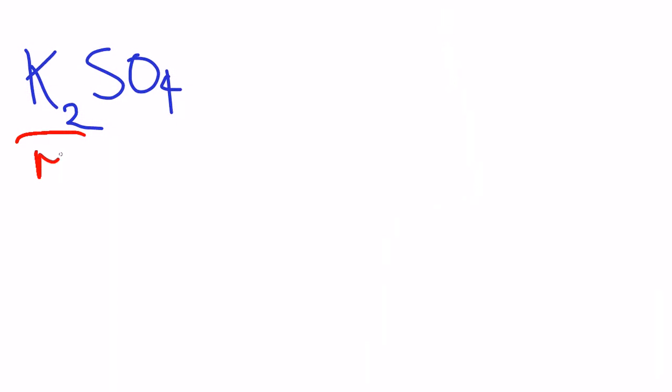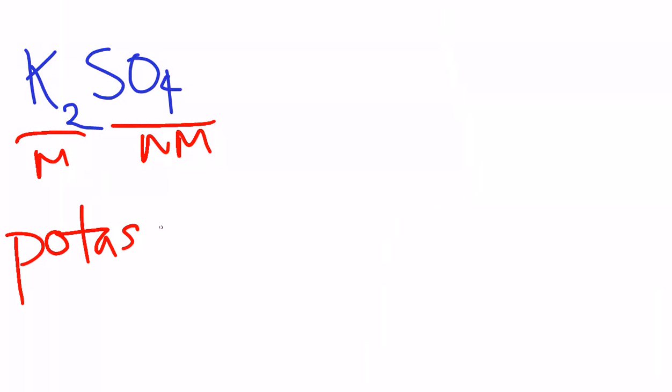Potassium is a metal, and we're going to look at SO4, sulfate. We just saw that sulfate is a polyatomic ion that's made up of nonmetals. So in order to name this, we're going to write potassium and then write sulfate.